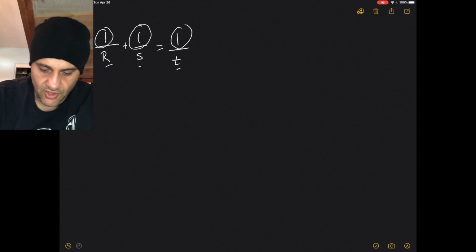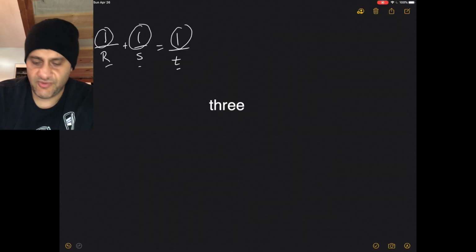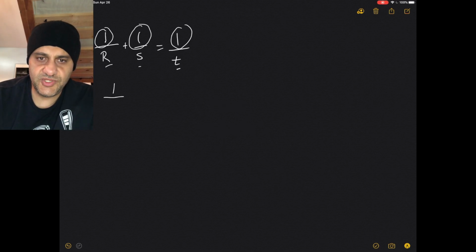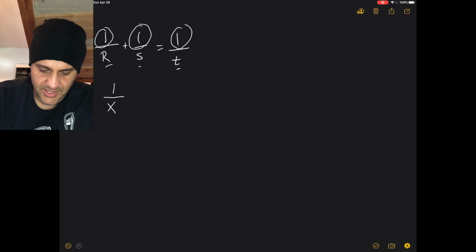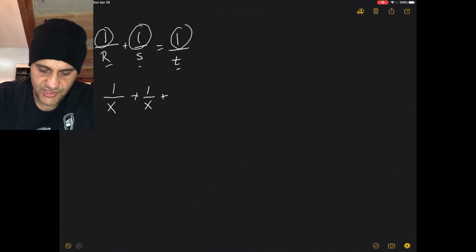All right, so here we have 4 identical machines that take 12 hours to finish 3 projects. So we have 4 machines, and we don't know how long each machine takes. Each machine is 1/x. We don't know x, which is how long it takes a machine to do one project, and we have 4 of them.